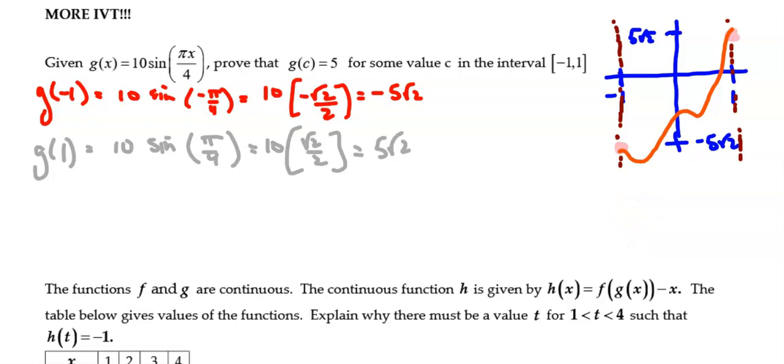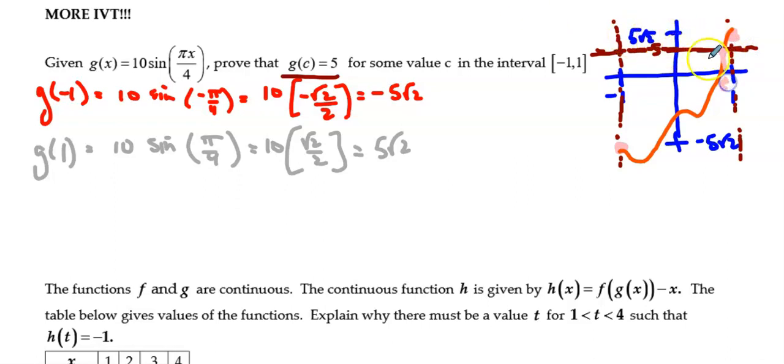So what that means is this. So now let's look at this line for g of c equals 5. Well, this is 5. And so this is my line, g of 5. And so all IVT says is that there's a value right here.